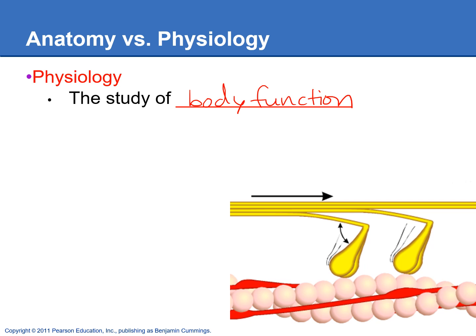And physiology, we're interested in, well, how does the muscle actually work? How does it contract? So here's a picture of the actin and myosin contractile proteins that are found inside of a muscle cell. And we'll talk about how these actually move and make the muscle contract later on in chapter 12.